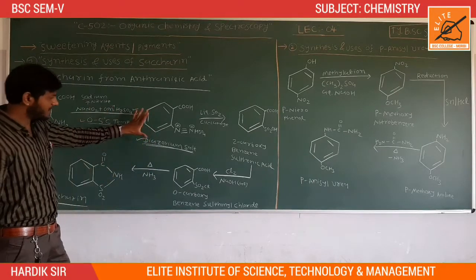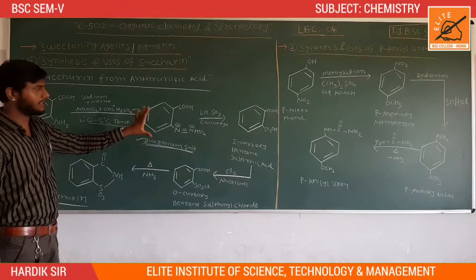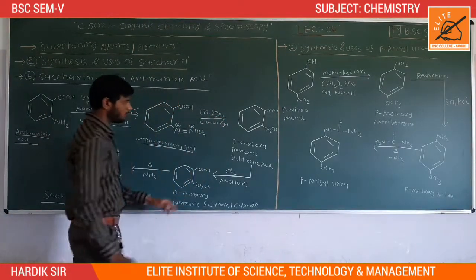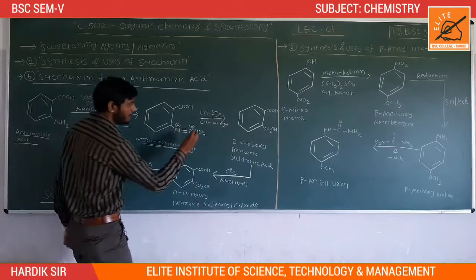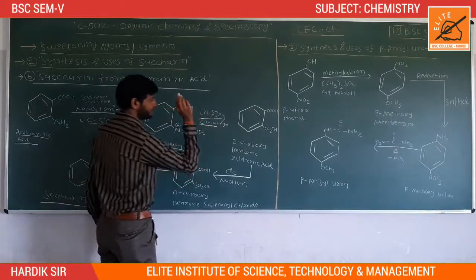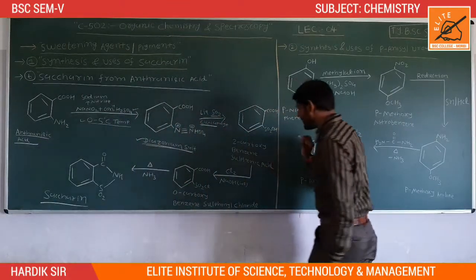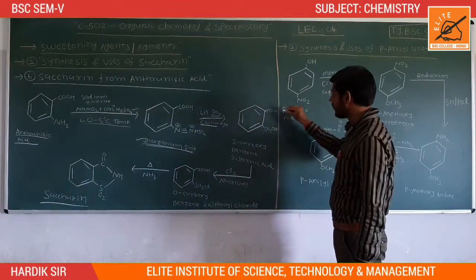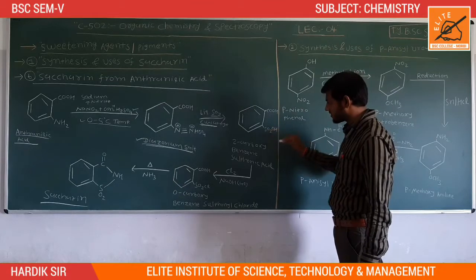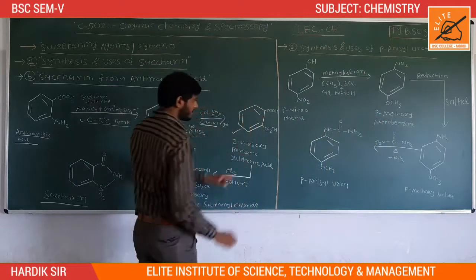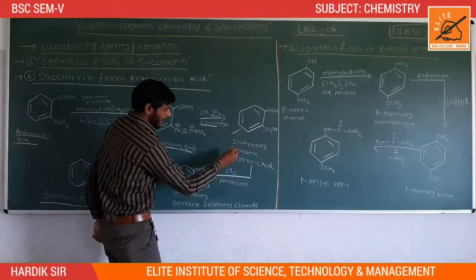Now this intermediate product is reacted with liquid sulfur dioxide, liquid SO2, in the presence of a copper catalyst, to produce 2-carboxy-benzene sulfonic acid or ortho-carboxy-benzene sulfonic acid.